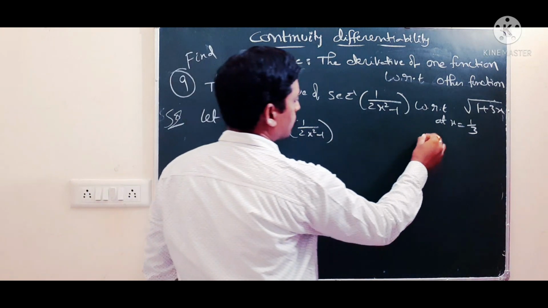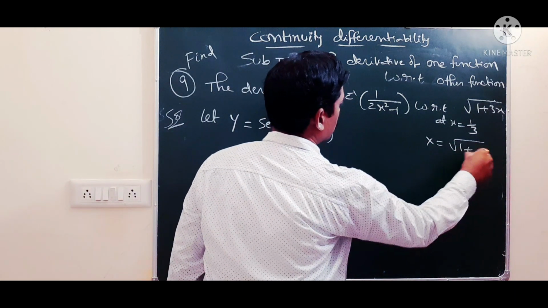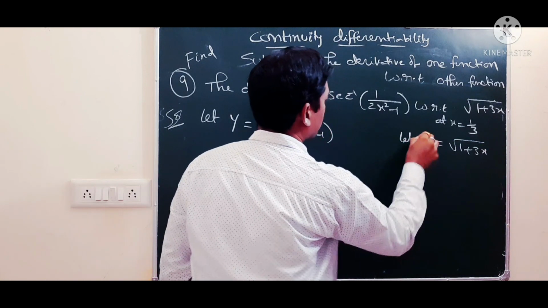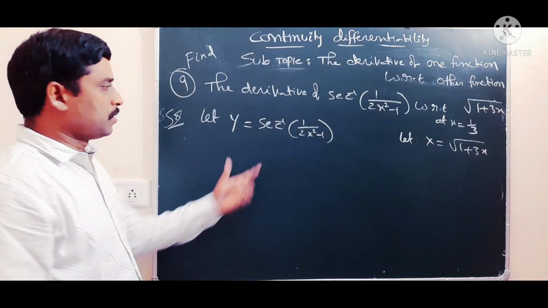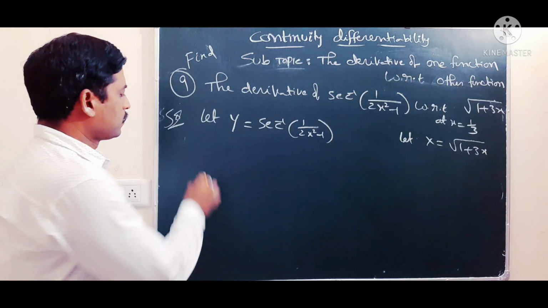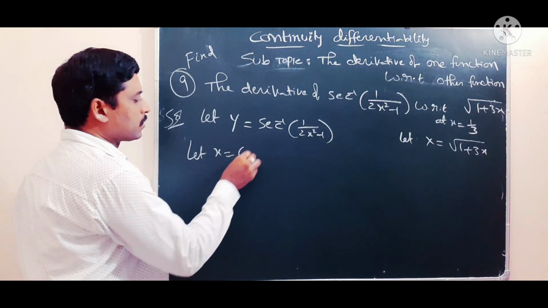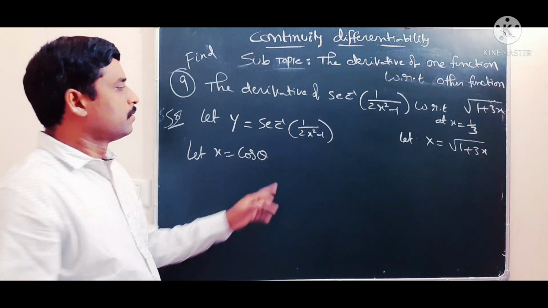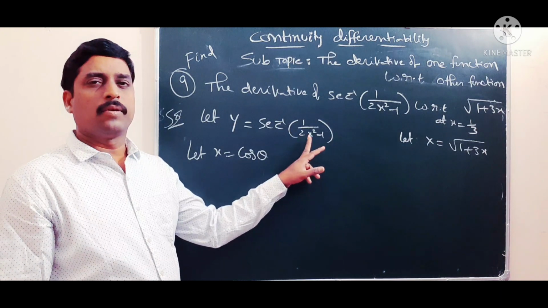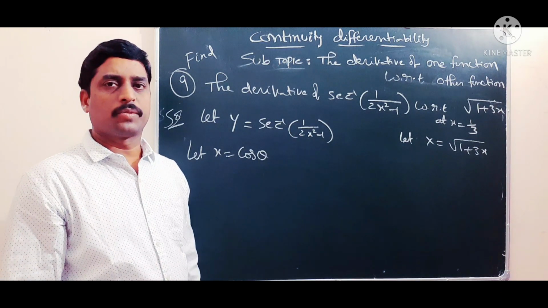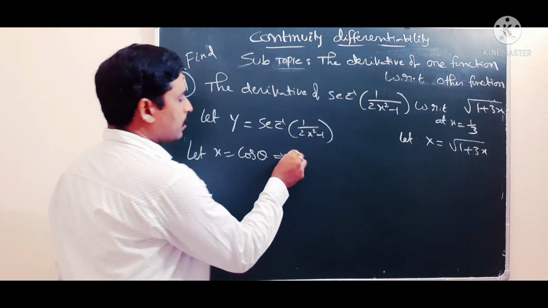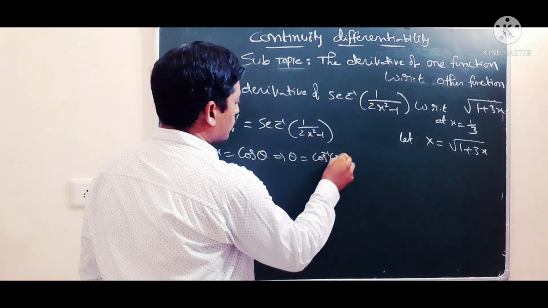And the second function x is equal to root 1 plus 3x. So let us simplify this y value. Let us take x is equal to cos theta. Why? Because we have the formula 2 cos square theta minus 1 equals cos 2 theta. Therefore, theta is equal to cos inverse x.